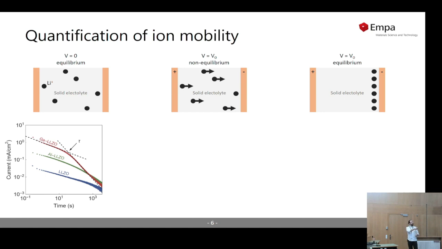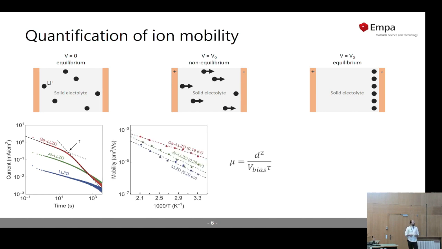In reality, it's not as clear as this, but we still observe a clear kink, which is different for the different devices. I now assume this is the time constant where all the ions from both interfaces have reached one of the interfaces. Then I can use this to extract the mobility via the drift formula.